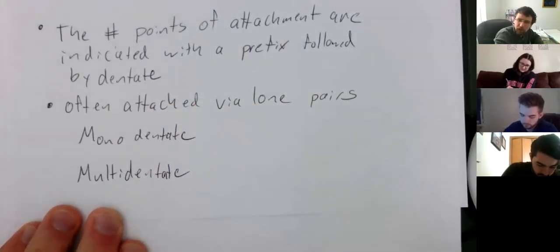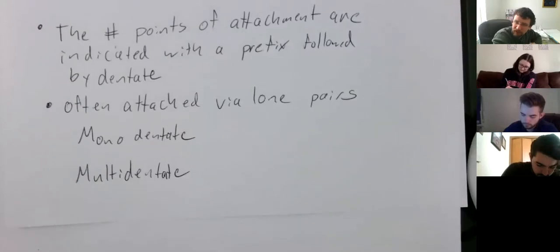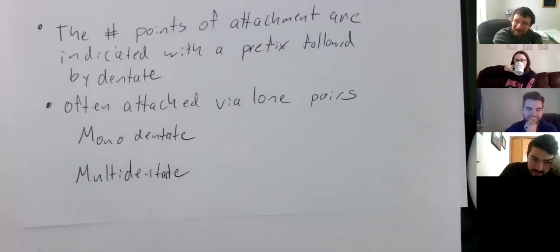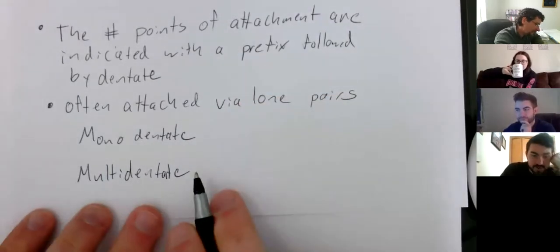So does anybody know what the word dentate means? It's a Greek word. Is it hard? Not hard. Doesn't dentate mean something like teeth? Yeah, means teeth. One tooth, many tooth. All right, that's what I thought.